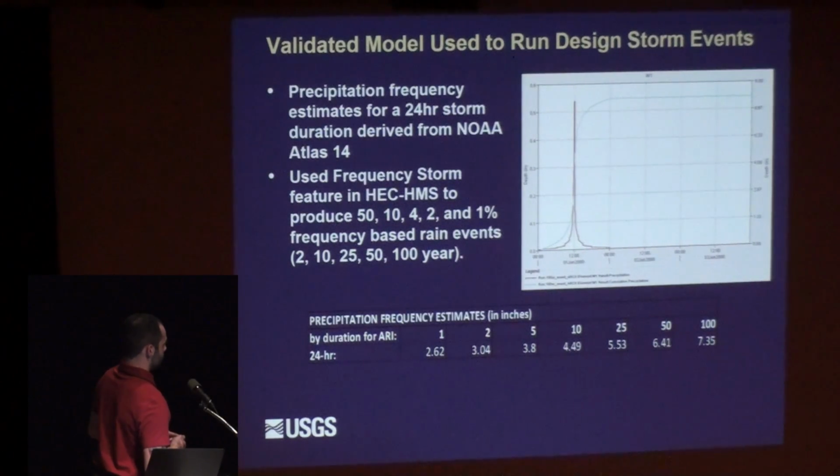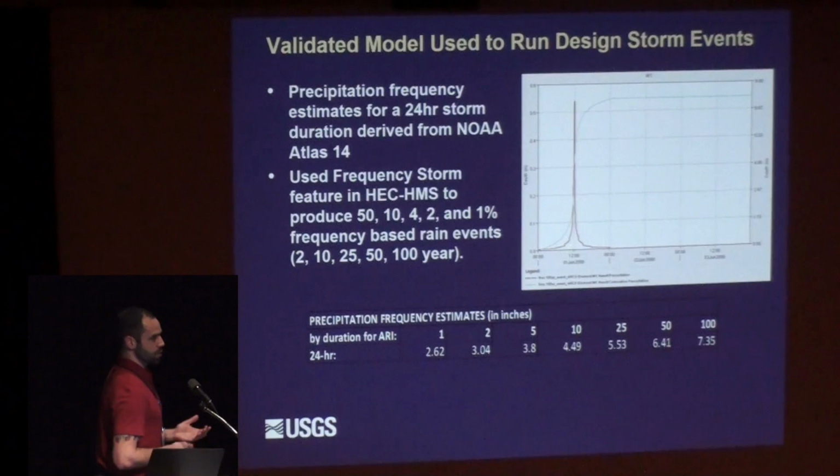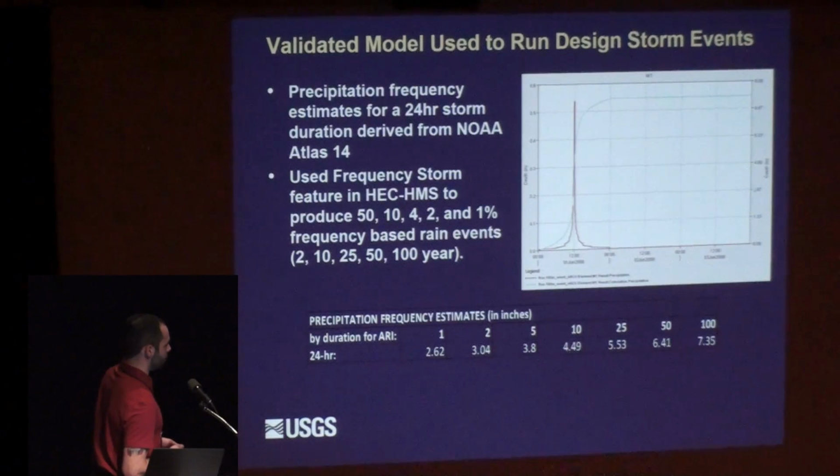So I can then use that model and create these design storms where I get storm frequencies from the NOAA Atlas 14, which uses statistical analysis of regional rain gauges to come up with storm frequencies. And typically for a design event, we use a 24-hour duration storm.